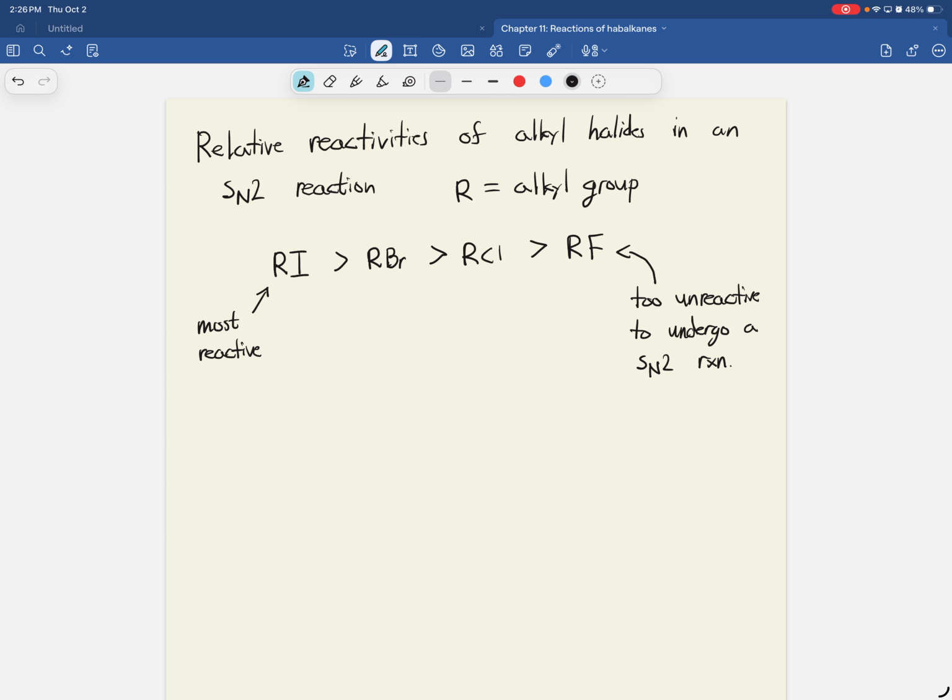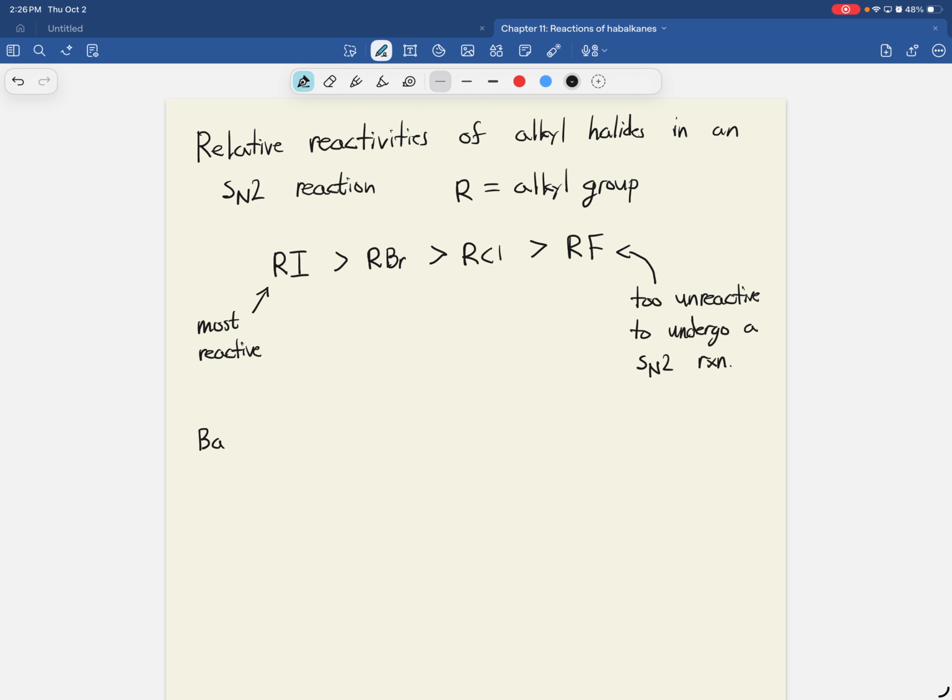All right. So that's for the halogens. Now, what if we go across a row? What's the trend there? So we know the trend is down a column, the leaving group ability increases. Fluorine is the worst, right, on the very top, and then iodide's the best. Now let's think about across a period, okay?